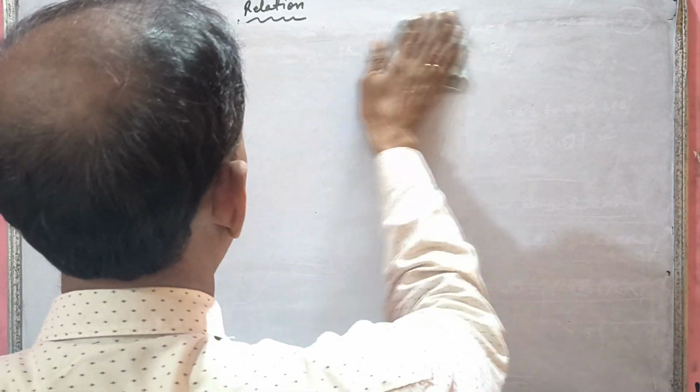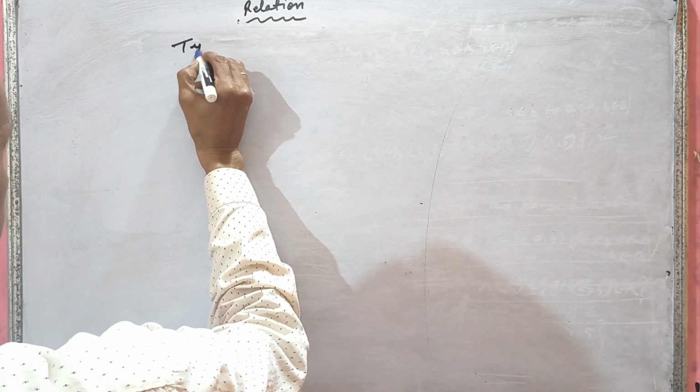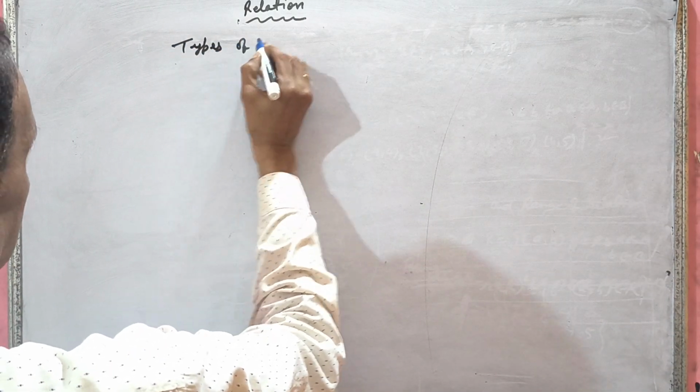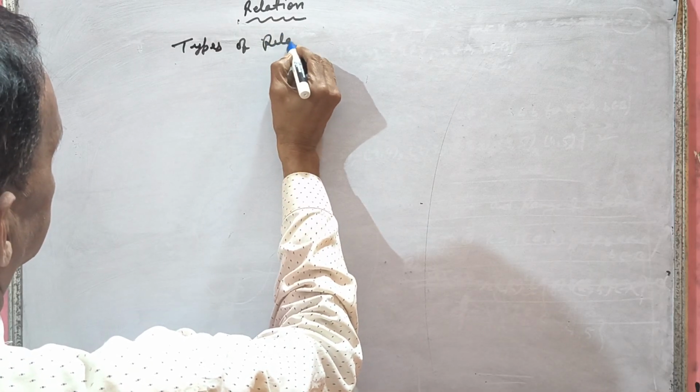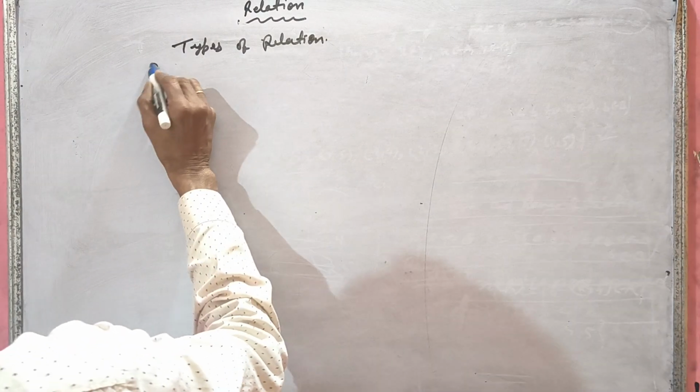Now we'll have different types of relation. Types of relation. Number one is null relation.